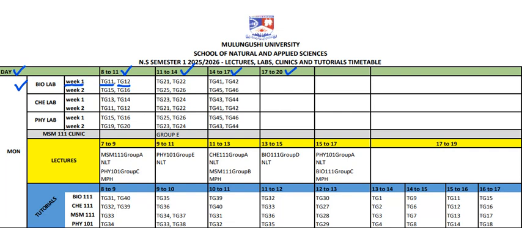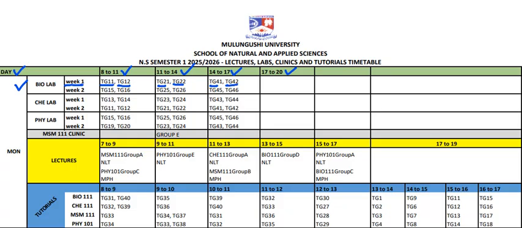Then from 11 to 14, in the first week when you start your lessons, they'll communicate to you whether it's a Wednesday or a Tuesday, but within the same week, TG21 and TG22 are going to have a biology lab from 11 to 14. It can be the same day or another day, but within the same week. And from 14 to 17 hours, TG41 and TG42 are going to have a biology lab.